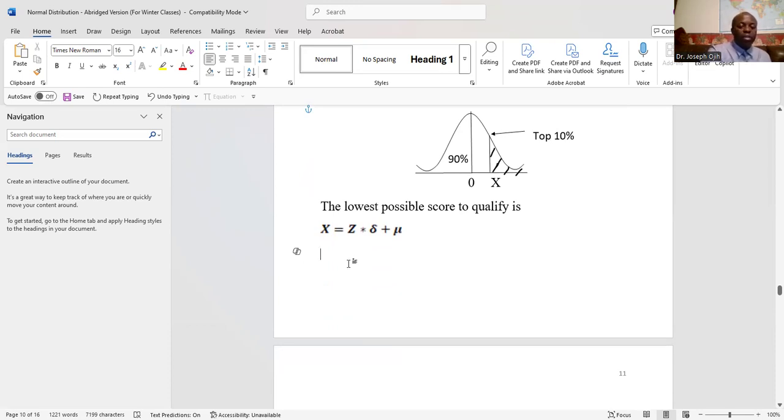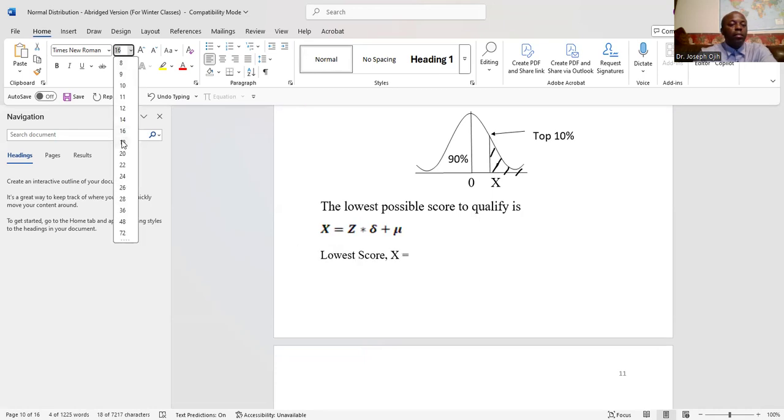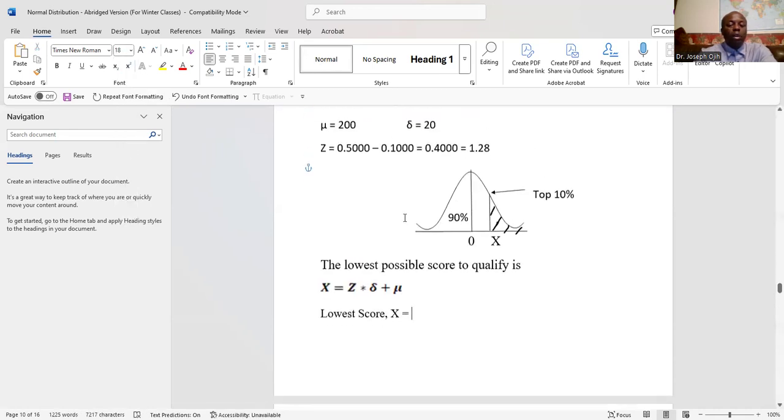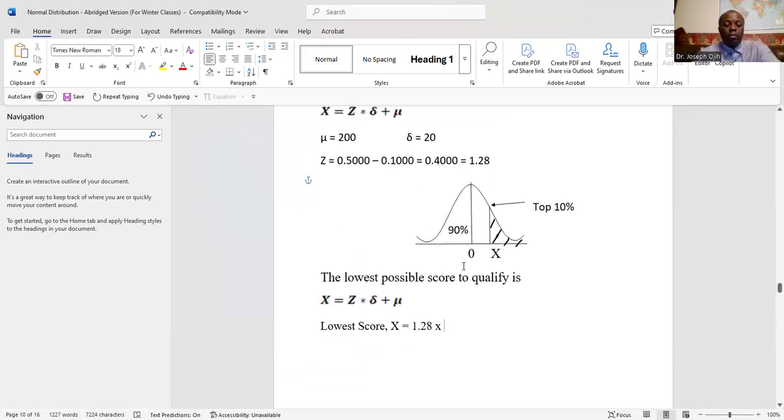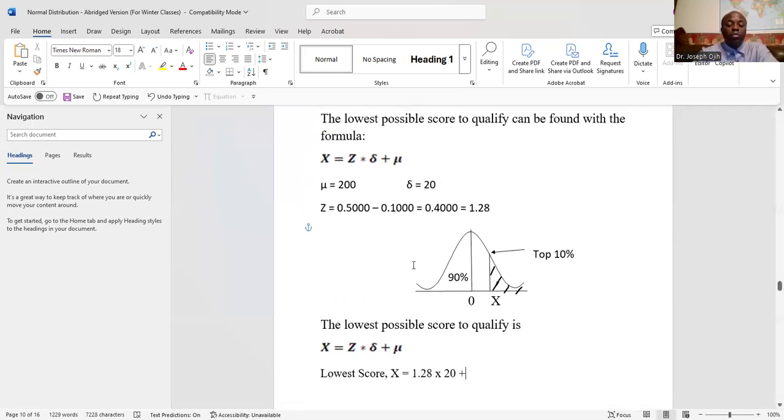So the lowest score to qualify, represented by X, equals Z, which is 1.28, times standard deviation, which is 20, plus mean of 200.